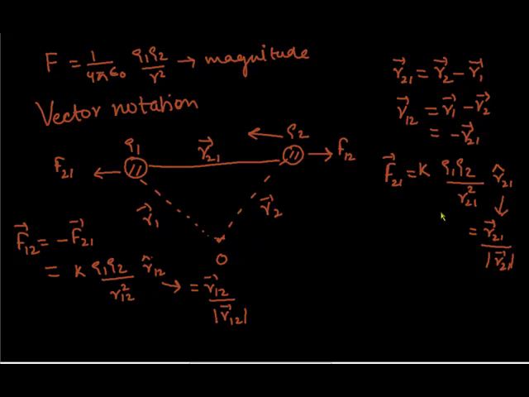Say this is equation 2 and this is equation 3. Both these equations 2 and 3 are valid for any signs of Q1 and Q2, meaning the charges Q1 and Q2 can either be positive or negative.